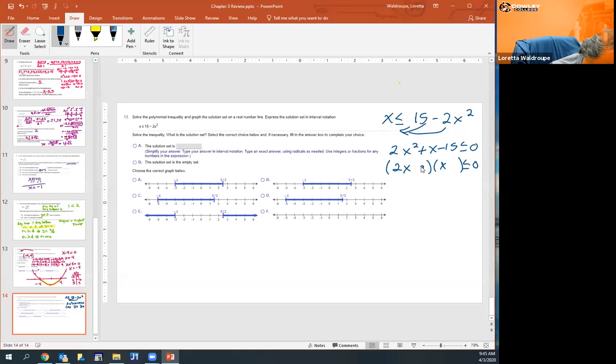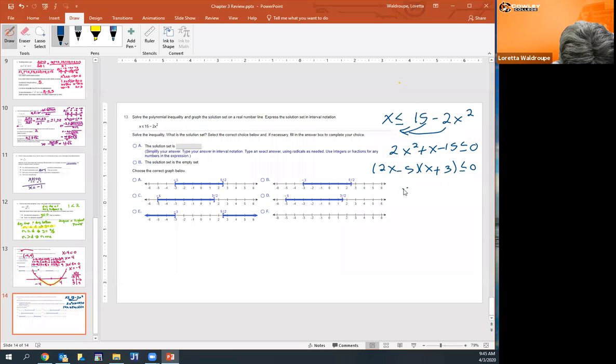So if I put a 3 here and a 5 here, my outside is 10, inside is 3. 10 and 3 won't give me 1. But what if I do a 5 here and a 3 here? 5 and 6 do give me 1. Since I want a +1, it's a +6. So it's +6, -5.